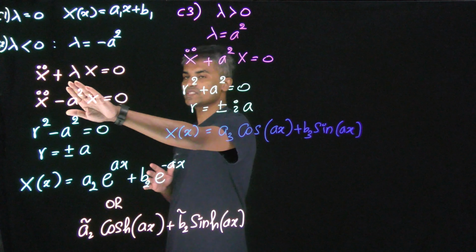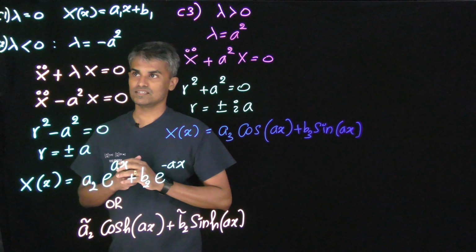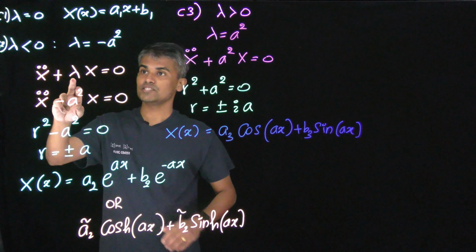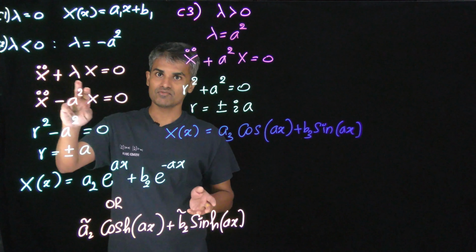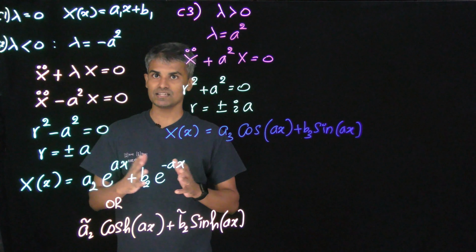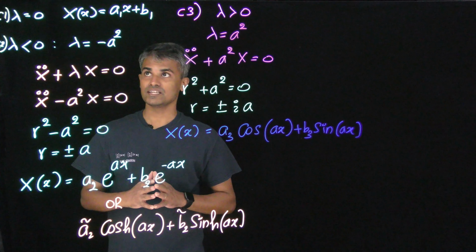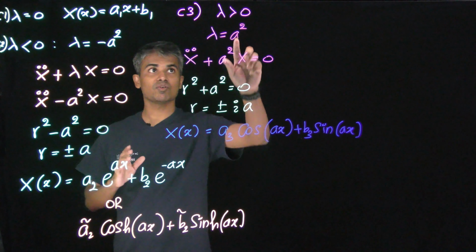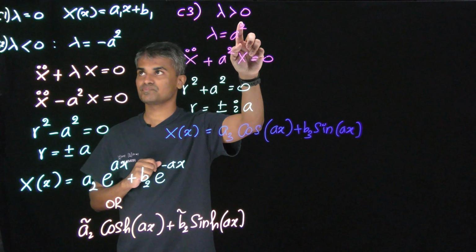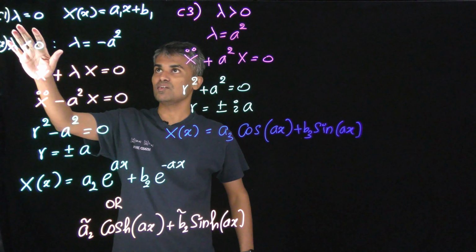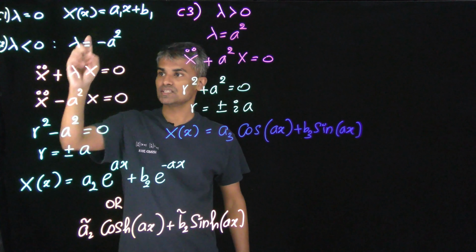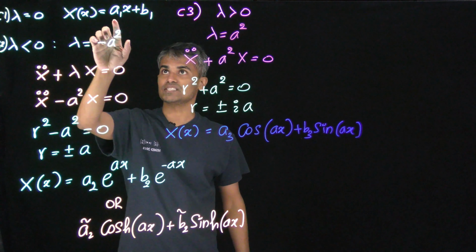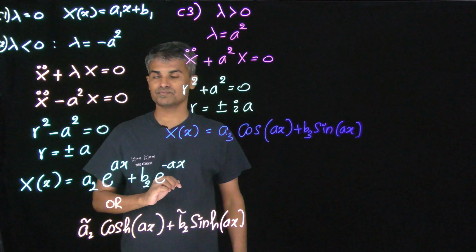Now, let us see. So, this was our original second order ordinary differential equation with constant coefficients. Since we do not know the value of lambda, we consider all the possible cases for lambda. In fact, lambda can be 0, lambda can be a negative number, or lambda can be a positive number. If lambda equals 0, then we obtain the solution for big X of x, which is a1 x plus b1.